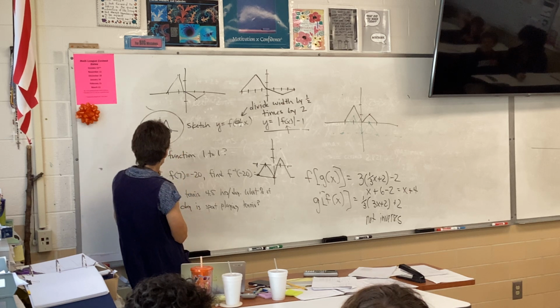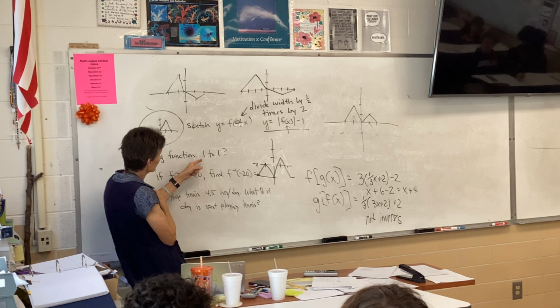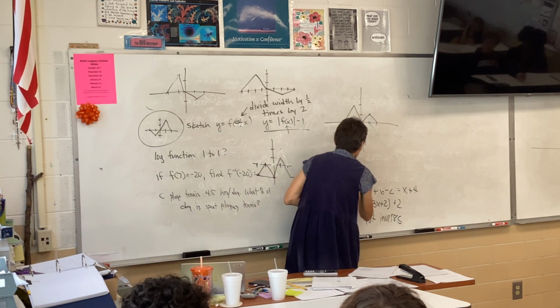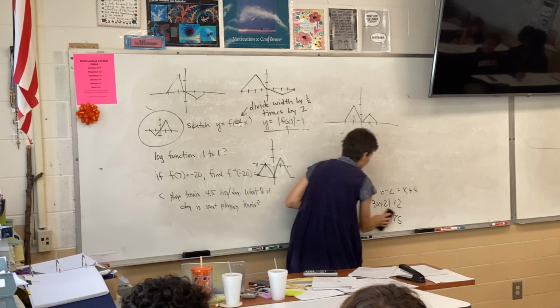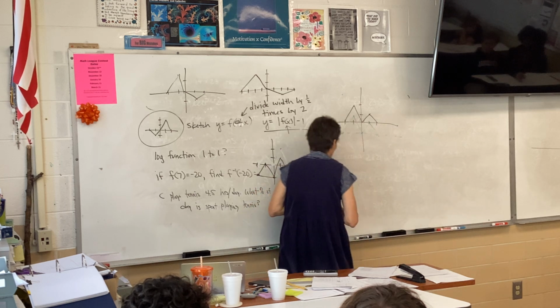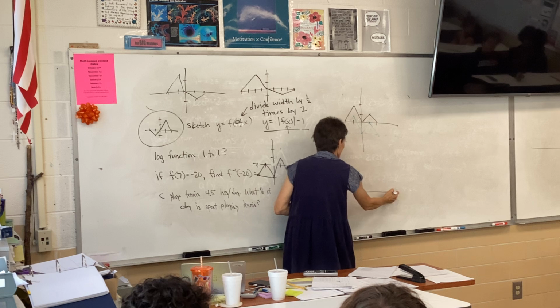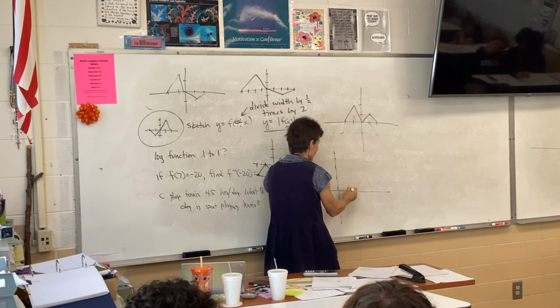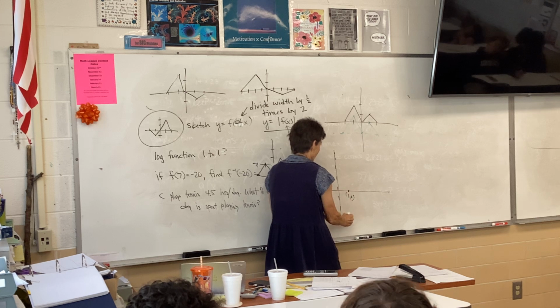Okay, then what do I got? Is the log function 1-to-1? Well, you can't really answer that question unless you remember what it looks like. So remember the log function, ln(x), has an asymptote here and looks like this.